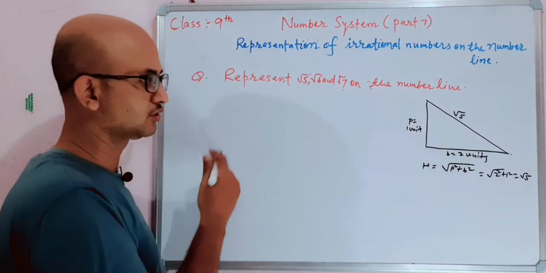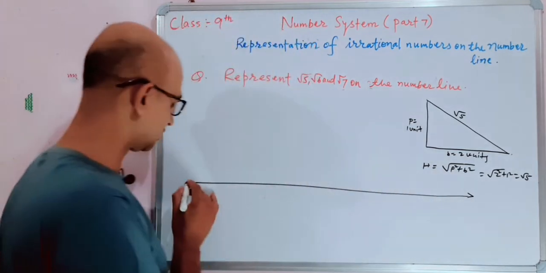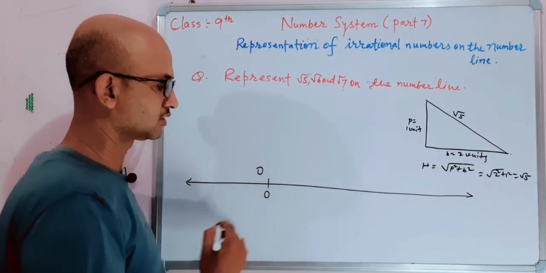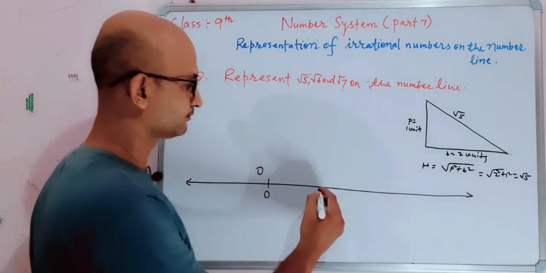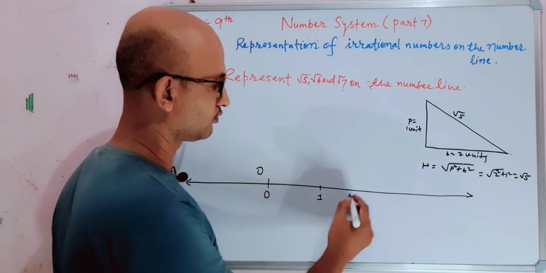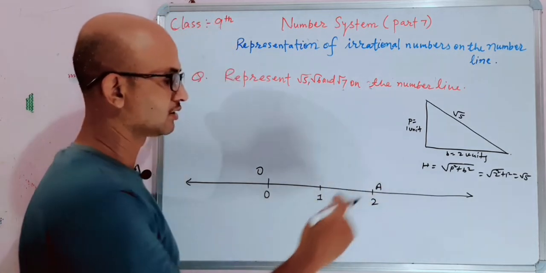Now to represent root 5 on the number line, we draw a number line. On this number line, we take a point O that represents the number 0. This point represents the number 1 and the point A represents the number 2.